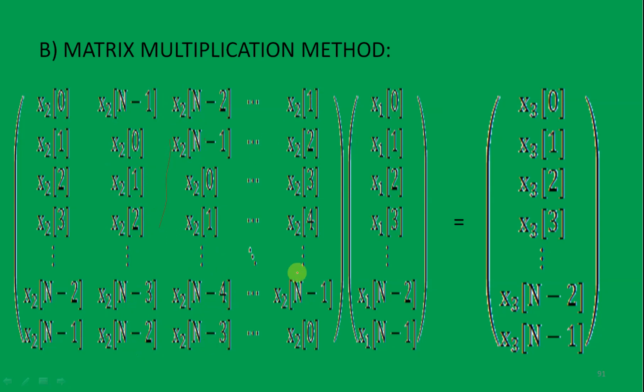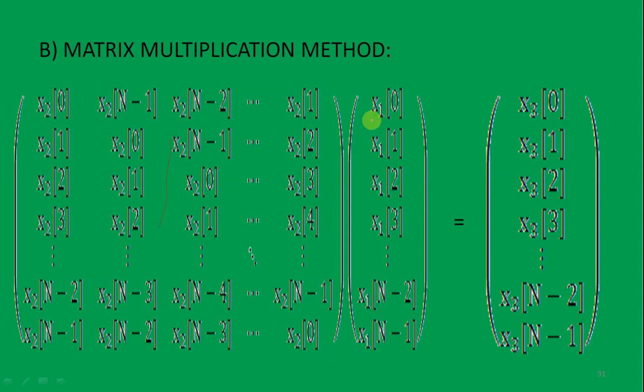Repeat this until we get x2 of 0 as the last value, so obviously N columns are there. Now the size of the matrix is N by N.